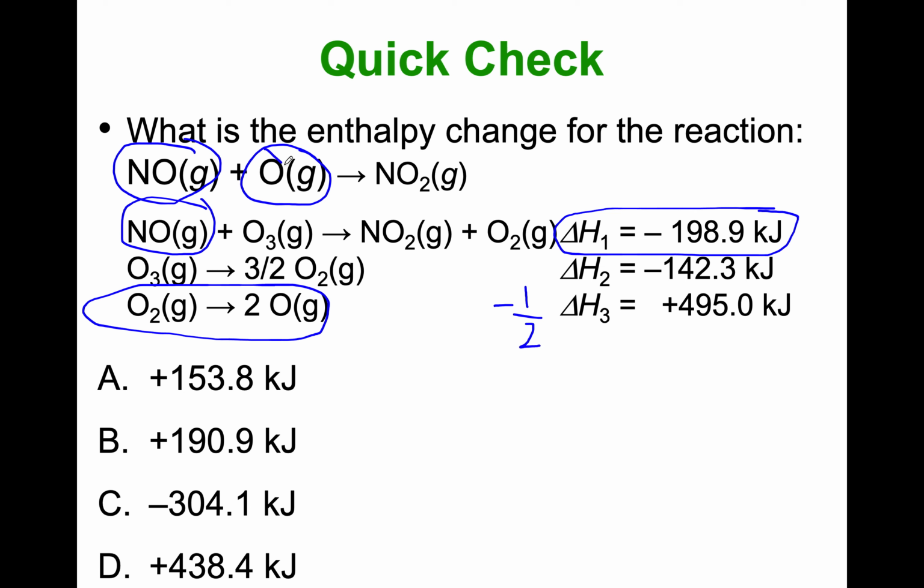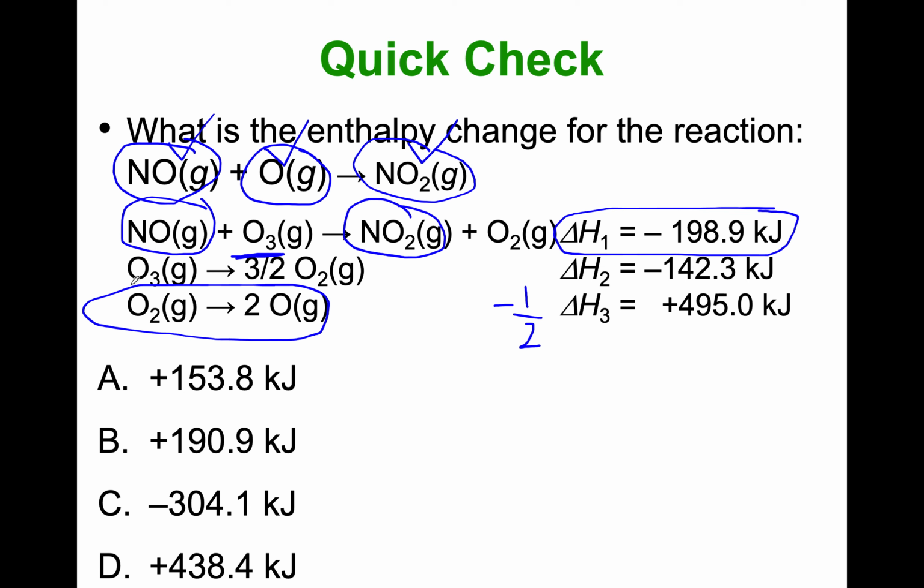So then we'll have the oxygen, we'll have the NO. Okay, we have the NO2 here because it was in the first one. So we've got our NO2. We just now need to make sure everything else cancels. And if you look, this stayed as is. The ozone needs to be flipped to cancel this.